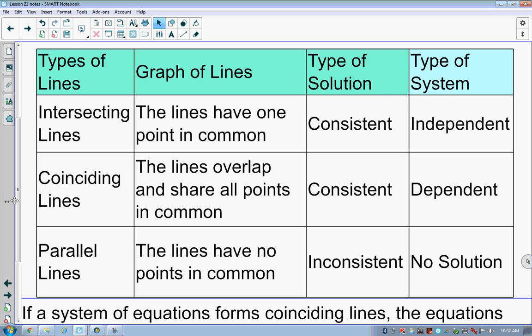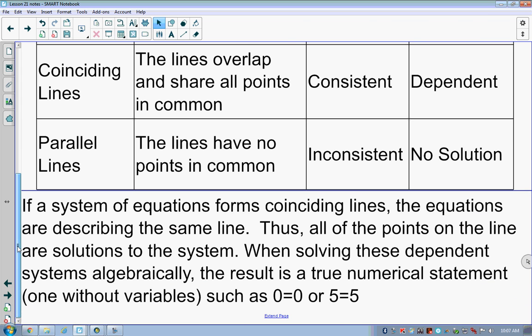Okay. So if a system of equations forms coinciding lines, that's our middle, the equations are describing the same line. Thus, all the points on the line are solutions to the system. When solving these dependent systems algebraically, the result is a true numerical statement.